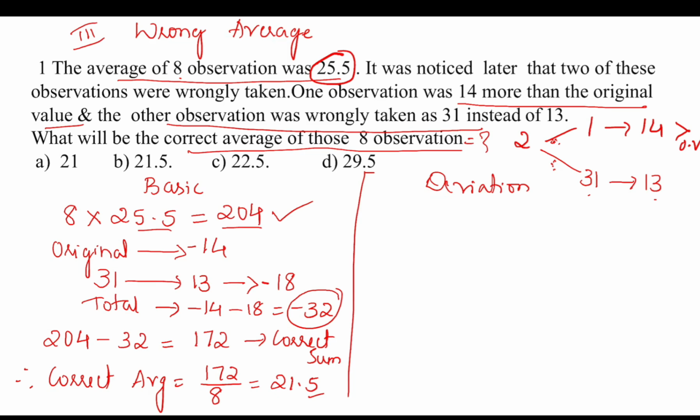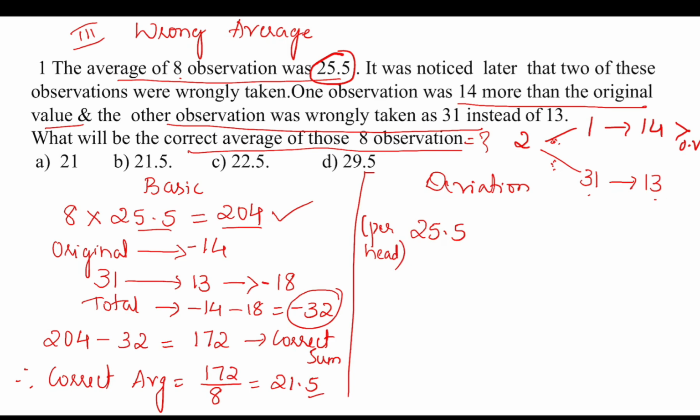Okay, now we will solve this with the deviation method. What was the average previously? It was 25.5, isn't it? It was per head. Average is nothing but per head, I told you all before.